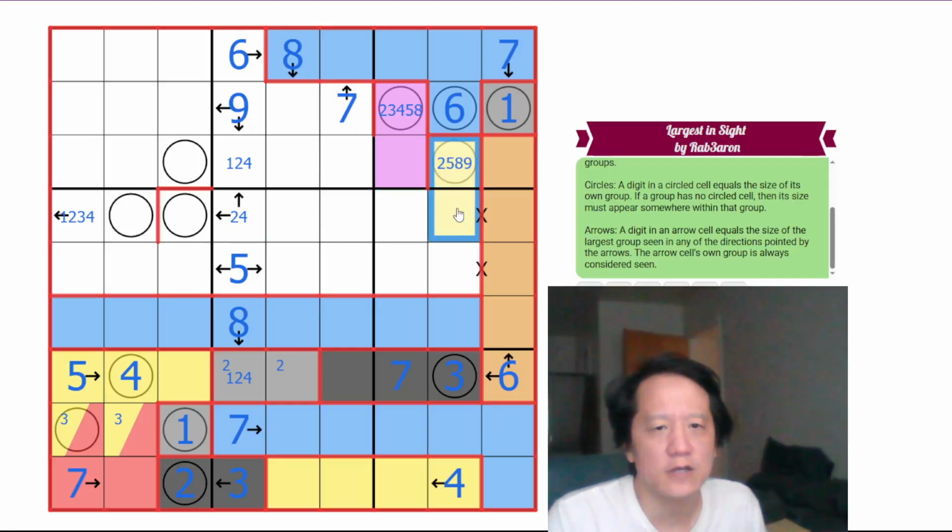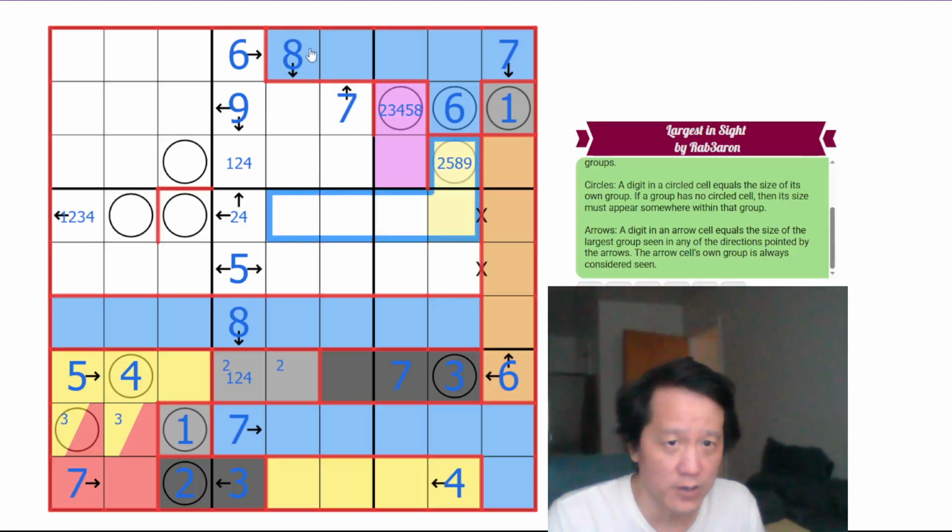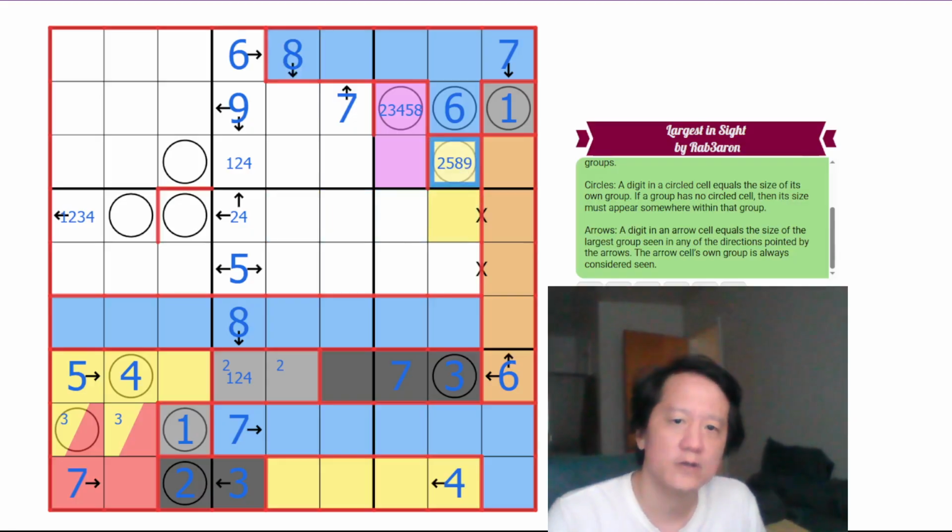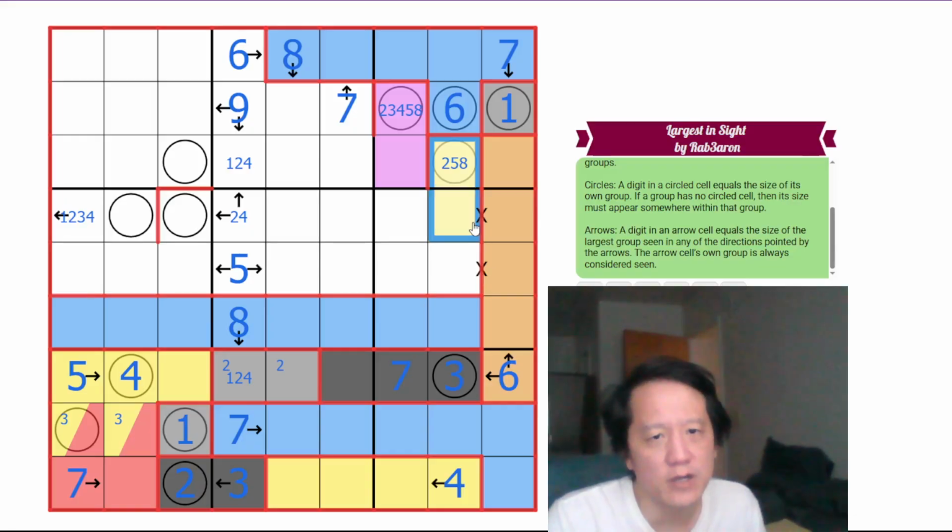If this is 8 and 9, it would have to do something like that, because it couldn't be pointed at here. So it can't be 9 because it would be here and then this would see it. Technically, it could be 8.